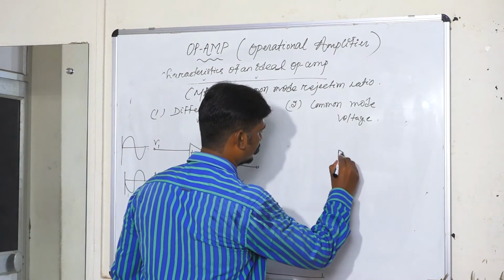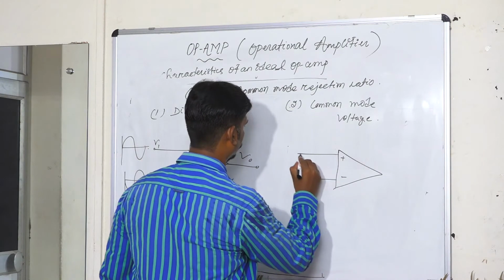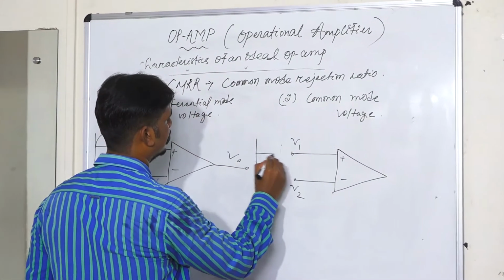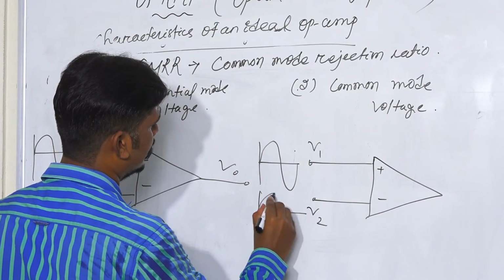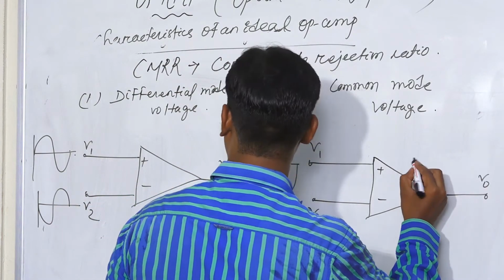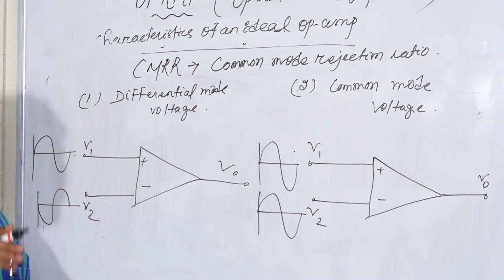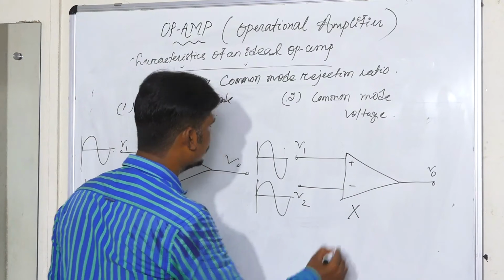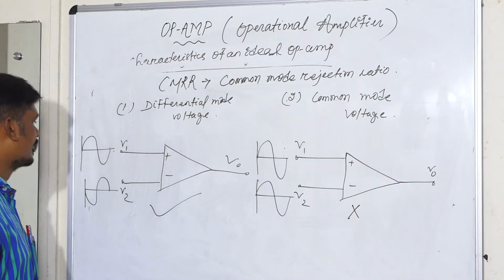And if the two voltages are equal in amplitude and equal in phase, then it is called common mode voltage. But remember one thing, op-amp rejects the common mode voltage and always prefers the differential mode voltage.